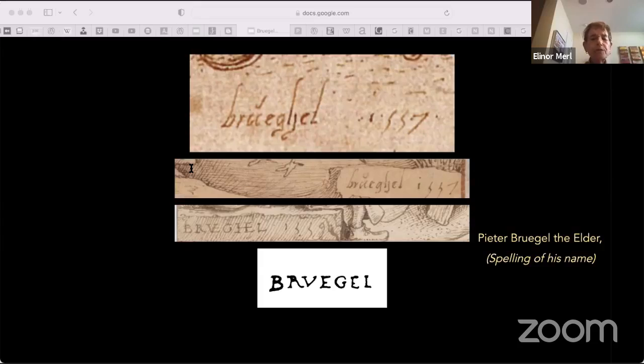In early works from the 1550s, we find him using variants on the spelling that contains the H. You can see it, I know it's rather light, the first block, the upper block on the slide, Brueghel, often in italics.